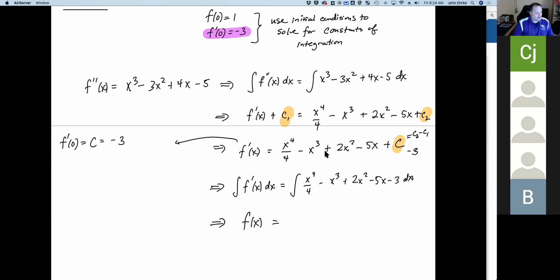X to the fourth over 4, its antiderivative would be x to the fifth divided by 5, but there's already a 4 there, so that'll be 20, minus x to the fourth over 4, plus x cubed over 3, but it would be 2/3, minus 5x squared over 2, minus 3x. I've run out of room.